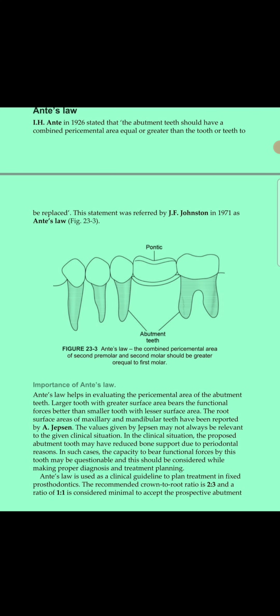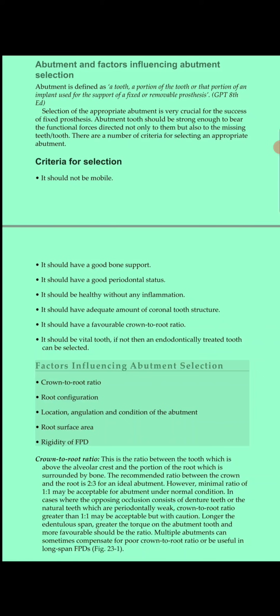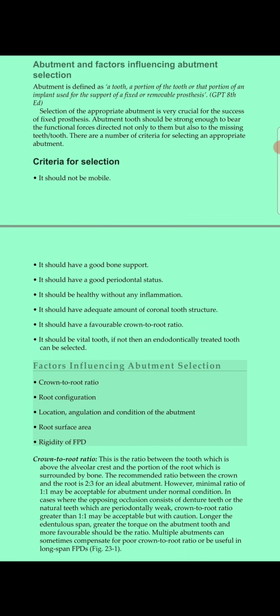We make a retainer, and with the retainer we connect the pontic with the help of connectors. An abutment may be a tooth or part of a tooth like a root, or it may be an implant which supports the prosthesis, and the prosthesis may be fixed or removable.